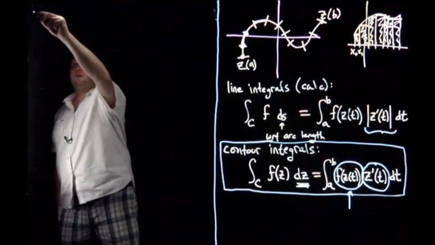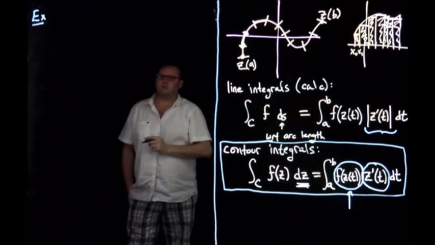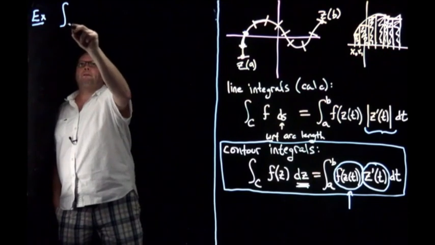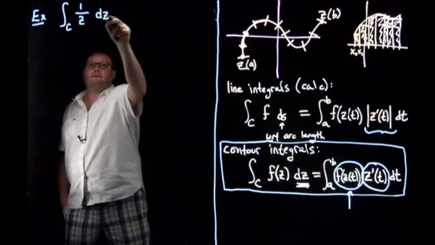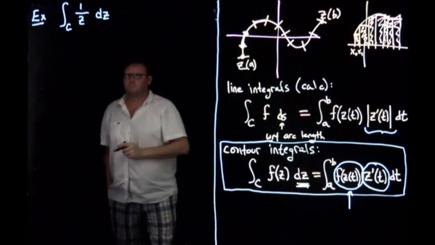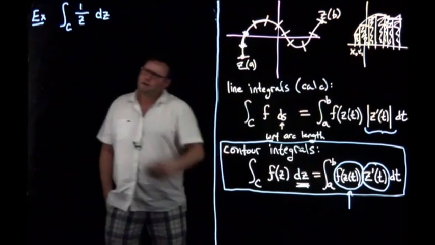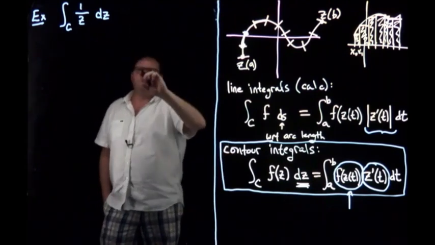All right, we are ready for our very first example of a contour integral. Okay, let's integrate the function 1 over z along the contour c, where c is going to be the unit circle.